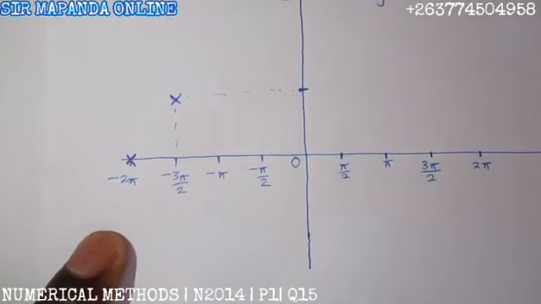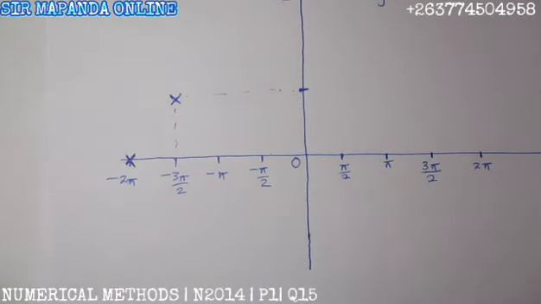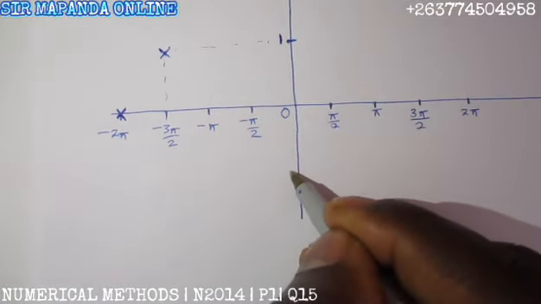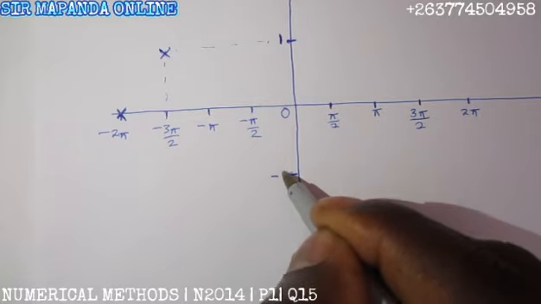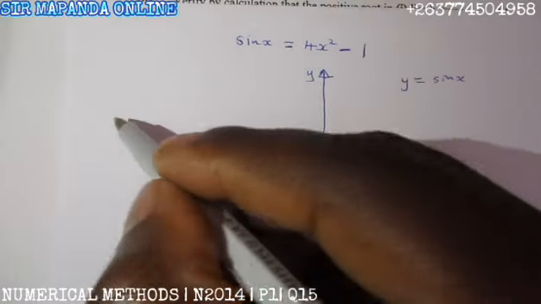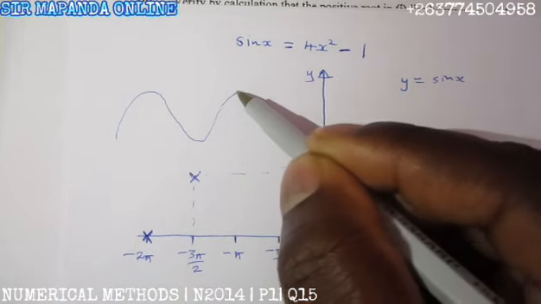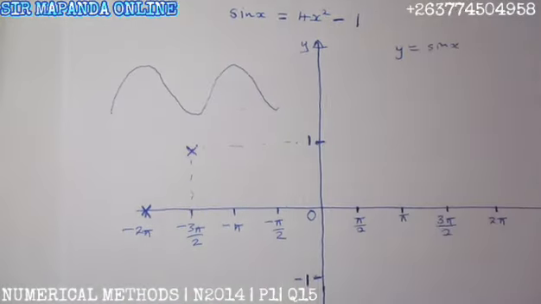Right, so the graph of sine, it oscillates, right? If it moves to 1, it means the minimum here is -1. So the shape that is going to come out is like this. It oscillates like this. I hope you are following.